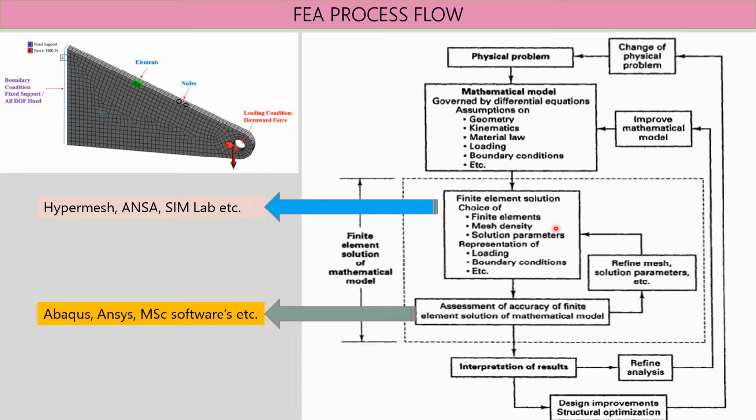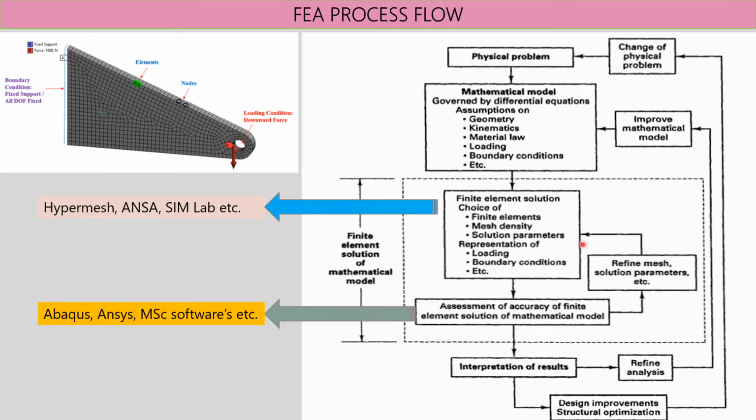Then we go for FE modeling. After that we represent the loading condition as I have shown here. We are applying a point load at this hole, and this is the boundary condition that needs to be captured.